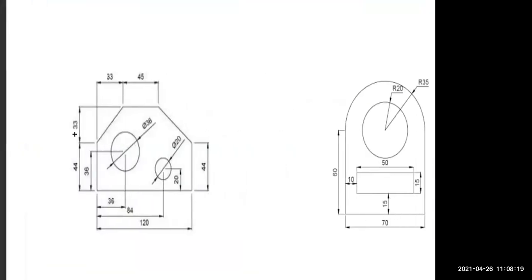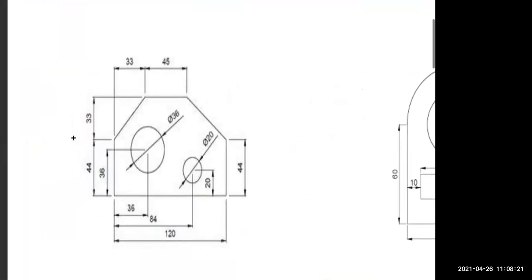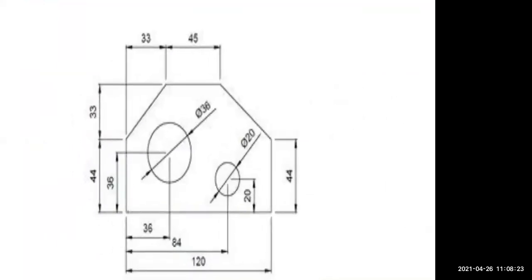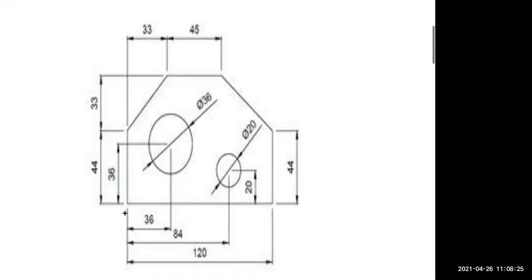If I ask you to draw this drawing, you have to start it from one of its corner points. Suppose we are starting this drawing considering the left bottom corner here as the corner point. All the dimensions are given here. You can see the length of this big line is 120.